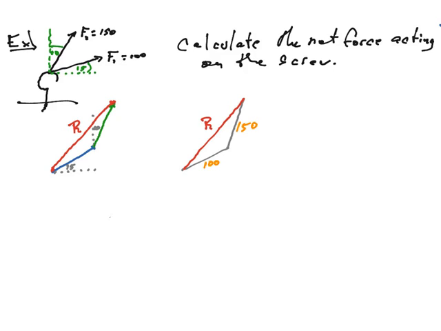Since I don't know for sure, I have to assume it's not. So since I don't think this is a right triangle, I can't use Pythagorean Theorem. So I'm going to need a little more information. I need to know something about the angles in order to figure out R.